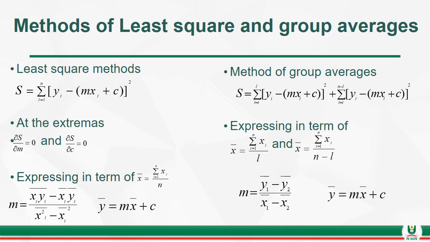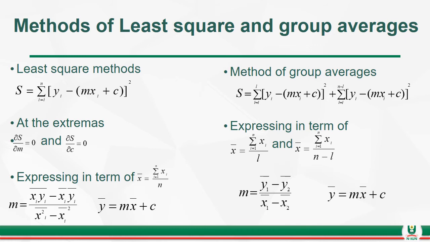That can be expressed as S equals the summation from i to n of (yi minus (m xi plus c)). If we look at the extremes in this case, the partial differential of S with respect to m and the partial differential of S with respect to c are equal to 0.